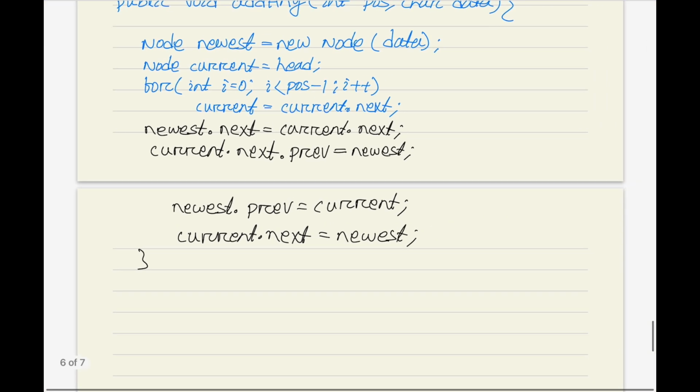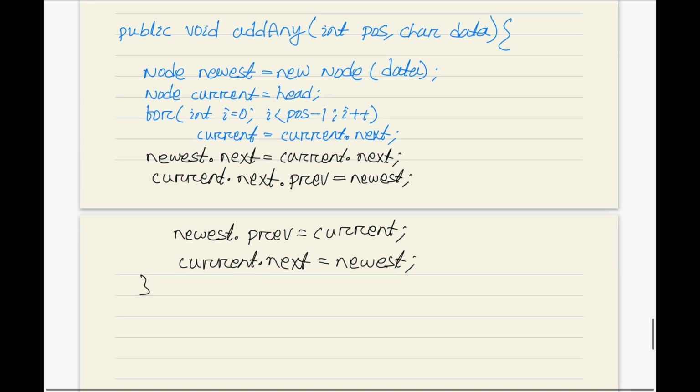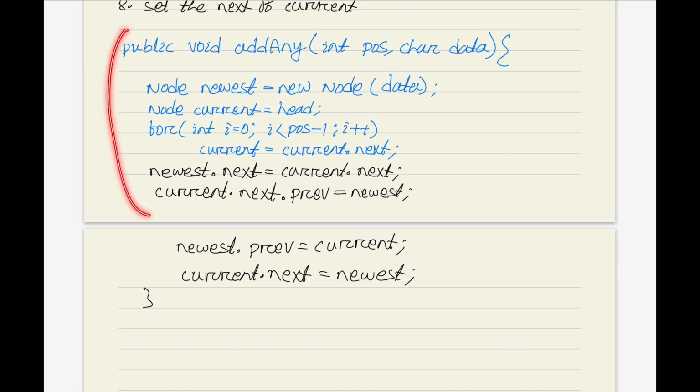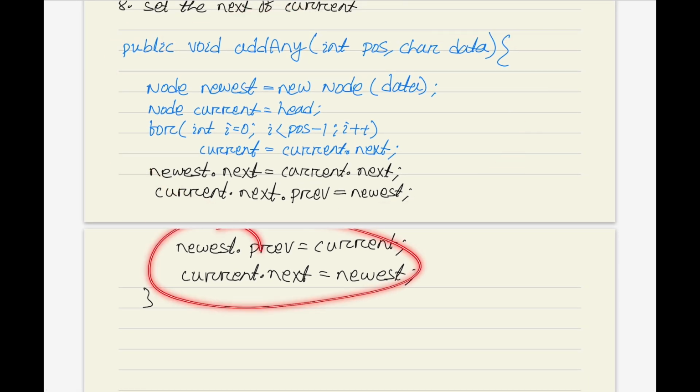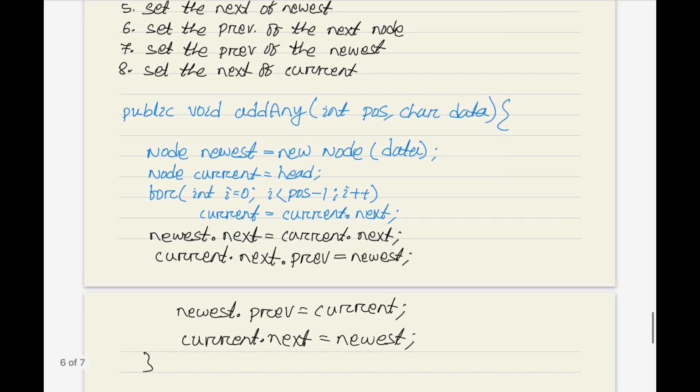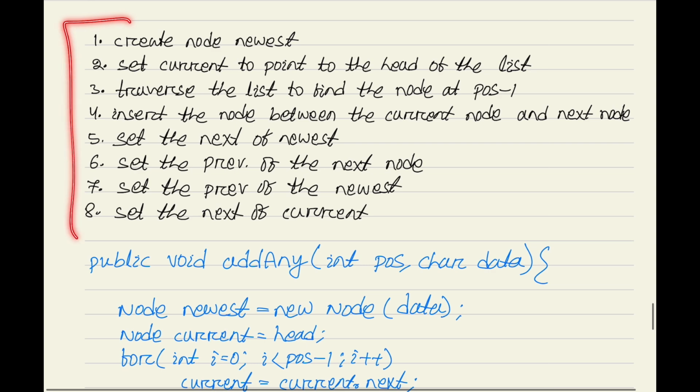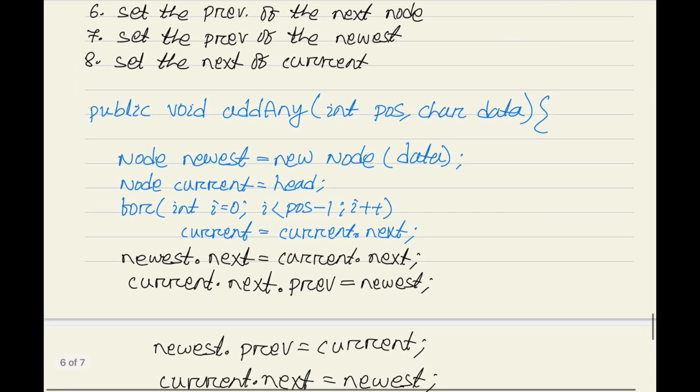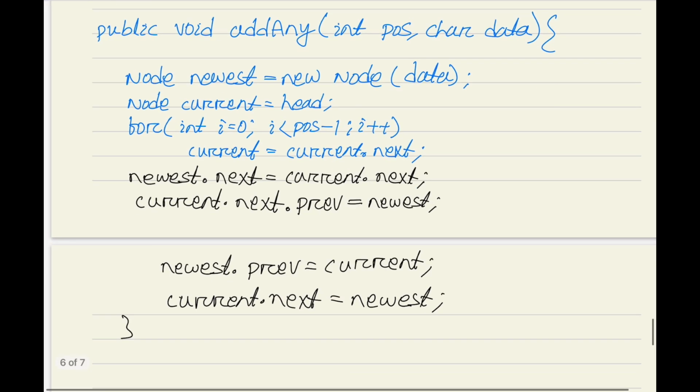So this is the end of the method. This is the method for inserting a node in the middle, or inserting a node at any given position, and these are the steps we have just discussed.